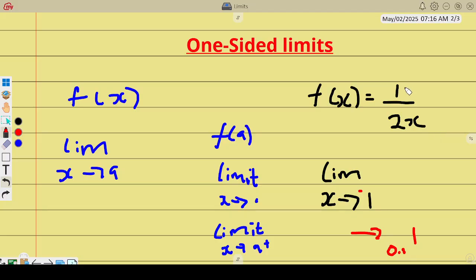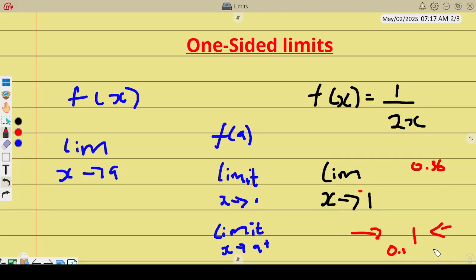We say 1 divided by 2 times 0.9, and the answer is 0.55, or 0.56.